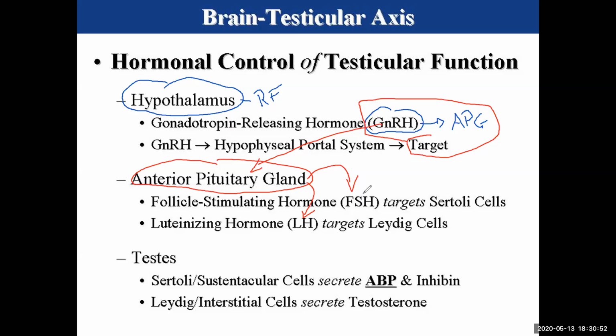Remember, this is in the pituitary gland. So FSH here will use the bloodstream. So this is a bona fide hormone, and it goes all the way into the testes and targets the Sertoli cells. So FSH targets the Sertoli cells, whereas LH targets the Leydig cells.